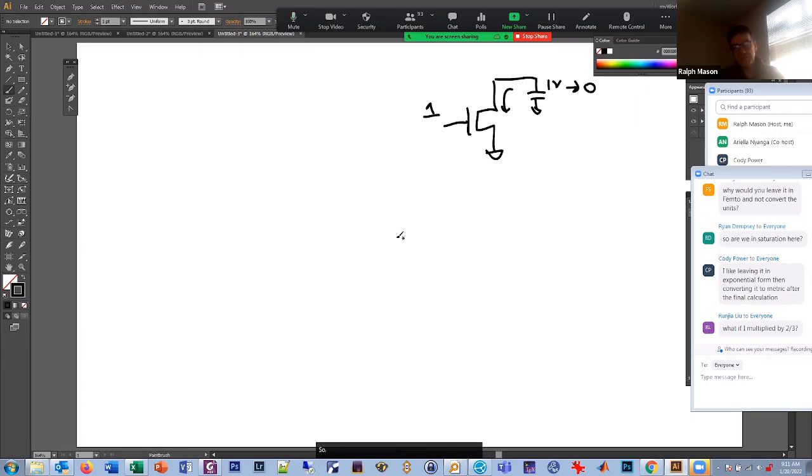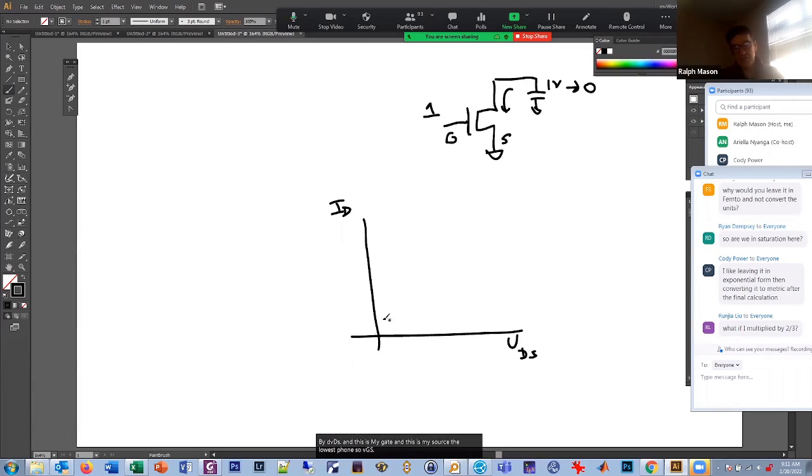So let's look at the characteristic curves. What's happening in this situation? We have ID, we have VDS, and this is my gate and this is my source, the lowest voltage. So VGS is 1 volt here, and I'm on this curve, VGS equals 1 volt.